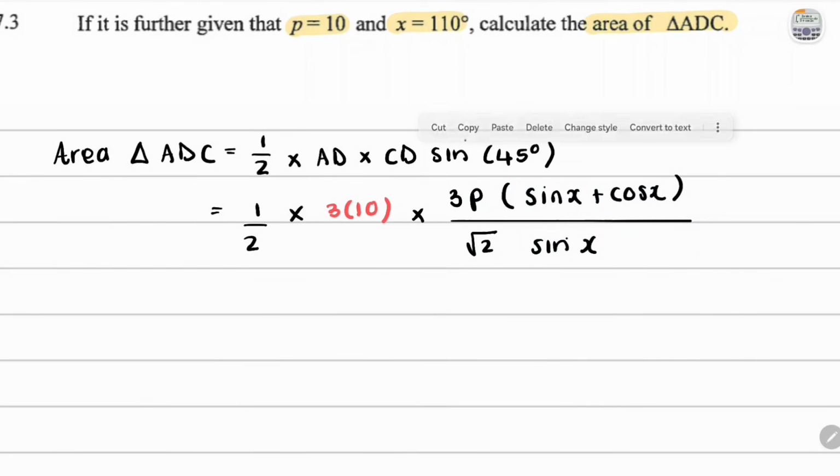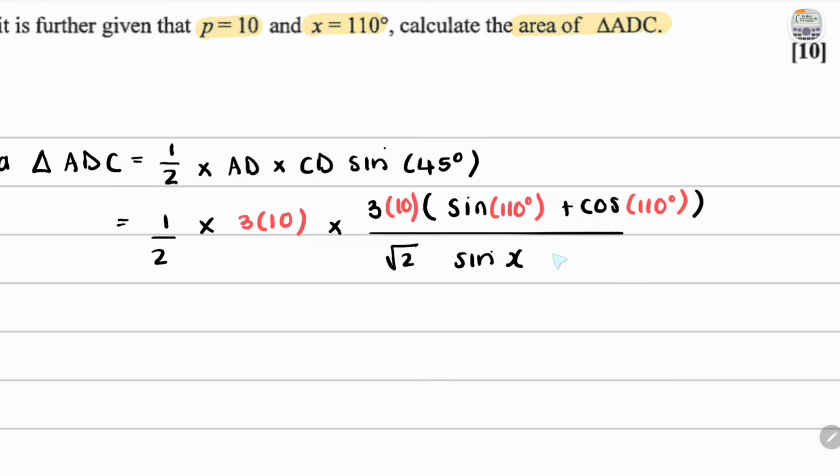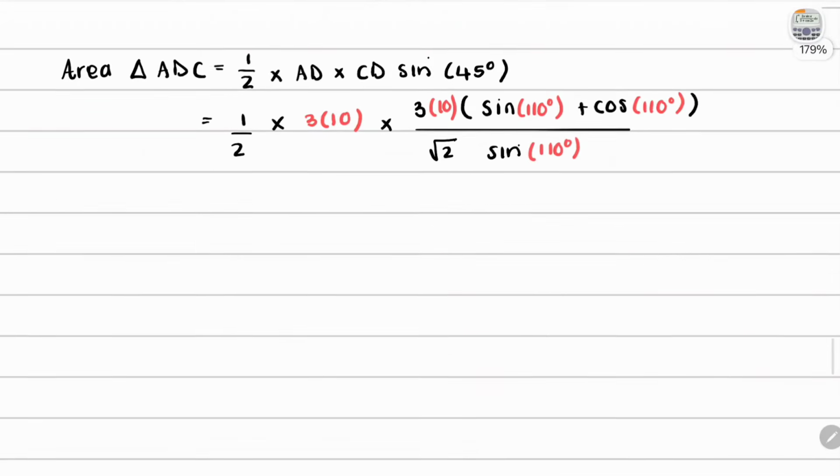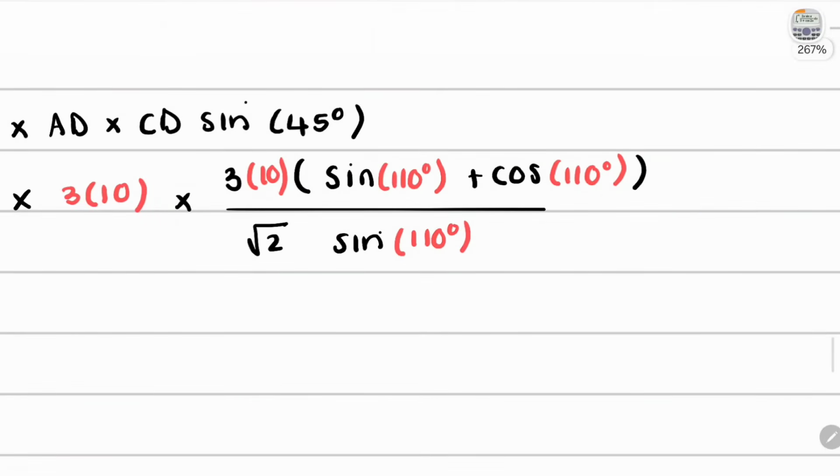So this looks like this. And in place of P, we'll just say that is 10. In place of X, we'll say that's 110, and that's 110. And then over square root 2 sine of 110 degrees. So this just has to do with substituting. Then lastly, multiply by sine 45 degrees. So times sine 45 degrees.